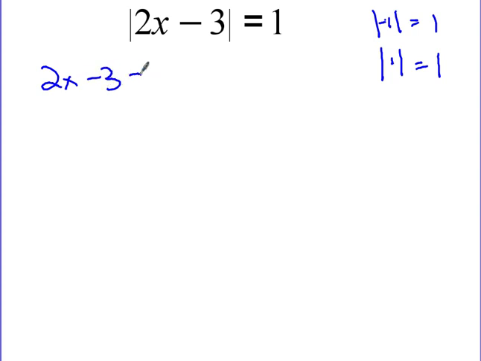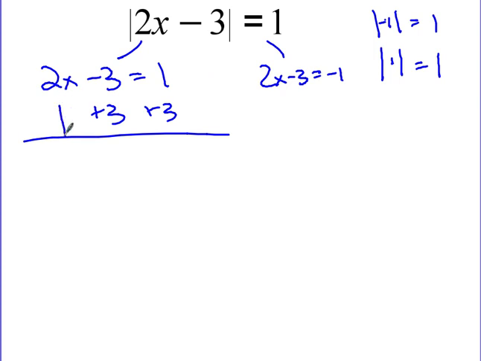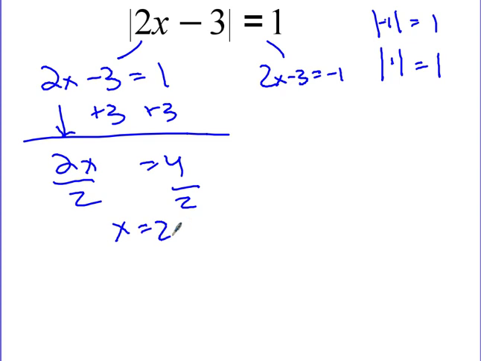I have 2x minus 3 equals 1, and I also have 2x minus 3 equals negative 1. Okay? So now I just solve these two different equations to get my two solutions for my absolute value equation. I have 2x equals 4, so x equals 2. If I plug in 2 here, 2 times 2 is 4, minus 3 is 1. Is the absolute value of 1, 1?